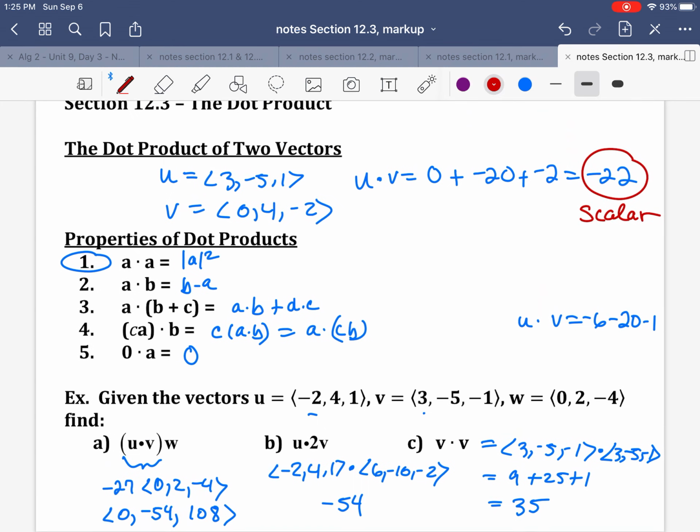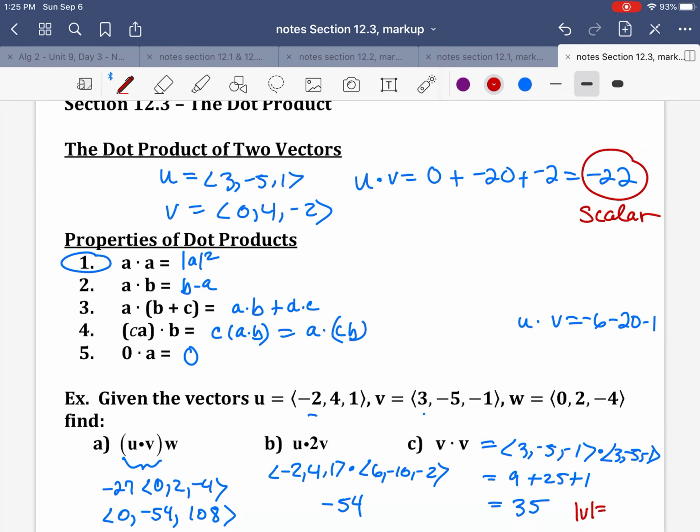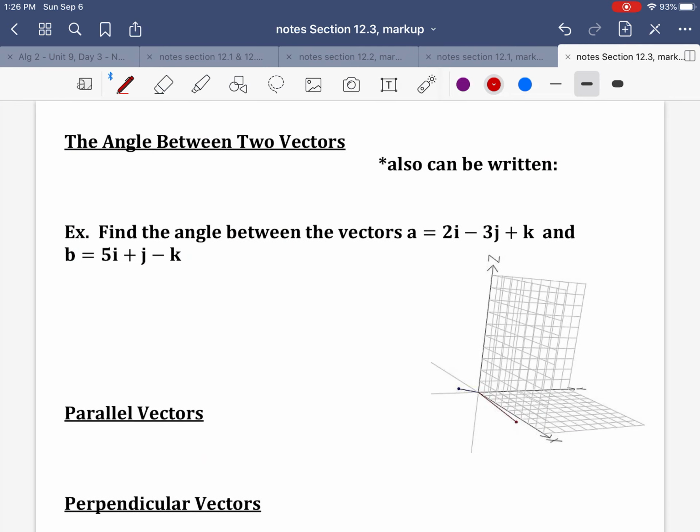So notice if somebody had asked me for the magnitude of v, I would square this, I get 9, I square that, I get 25, and I square this, I get 1, and I add them up. So I end up getting the square root of 35. So just notice here that the dot product of a vector with itself is just the magnitude squared. If I had done the magnitude of v and squared it, I would have gotten the square root of 35 squared, which is 35, which matches this. So that's just a little rule.